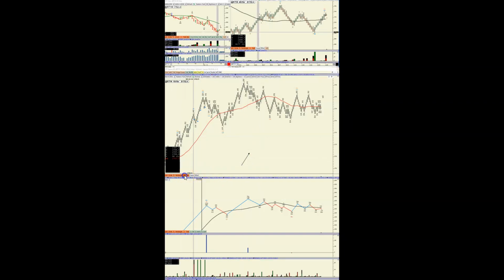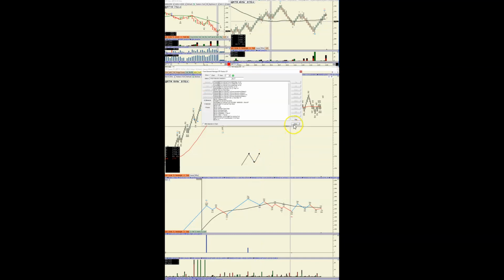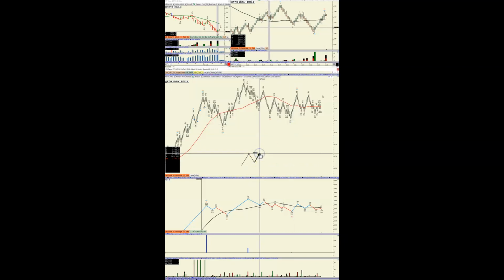When you're looking at pullback positions, right, this right here, how much thrust does this have?